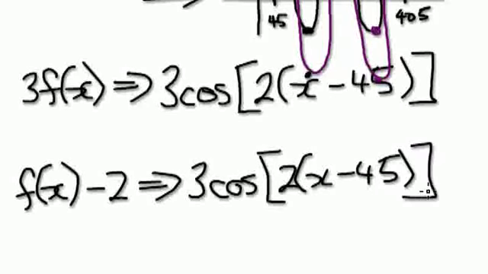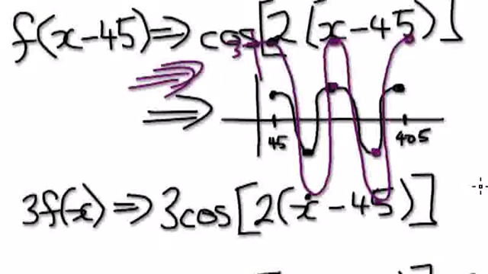Everything stays the same, and then you minus 2 here, meaning that, see this purple line here? Everything gets dragged downwards by 2. So it was 3 here, so now it's going to get dragged down to 1 here. This here is a negative 3, and then it gets dragged down to negative 5.